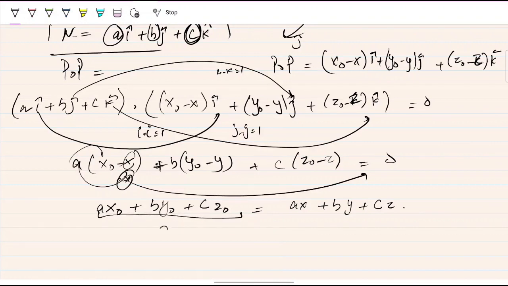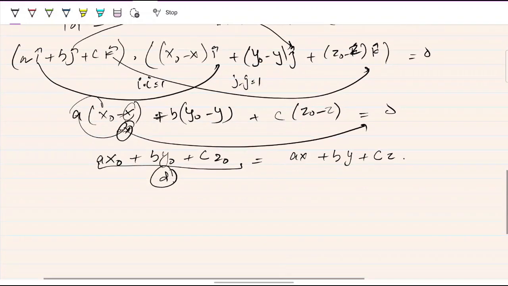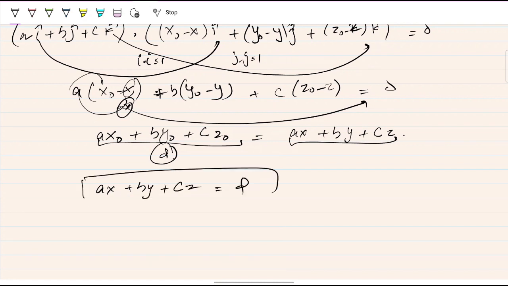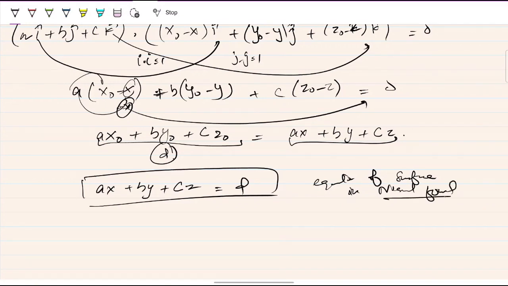So this thing is actually equal to d, that is distance of the plane from the center of the body, and the equation is written as ax plus by plus cz is equal to d, the equation of a surface in normal form. Remember that normal form, local coordinate system, just keep it in mind.